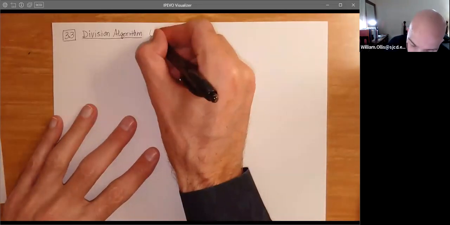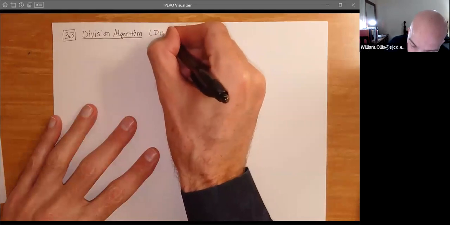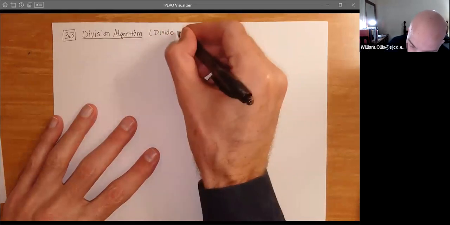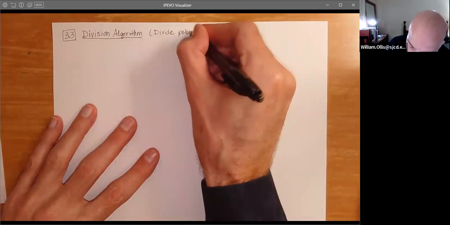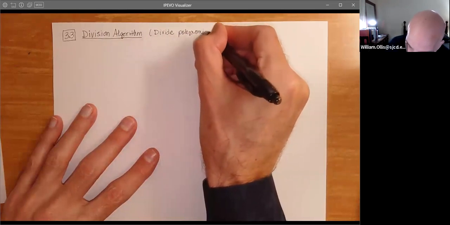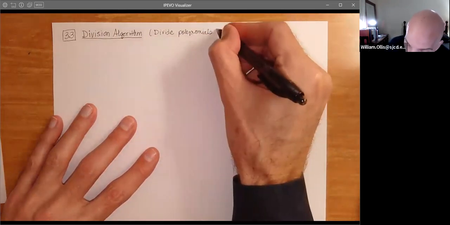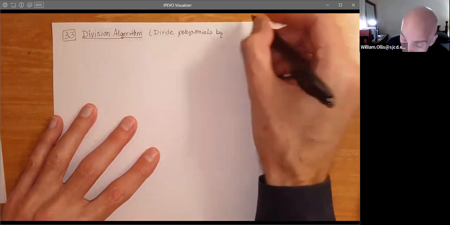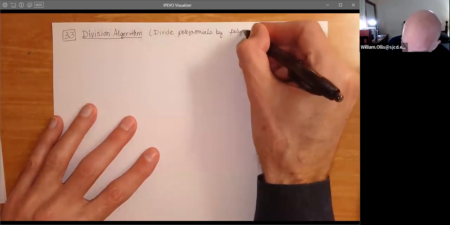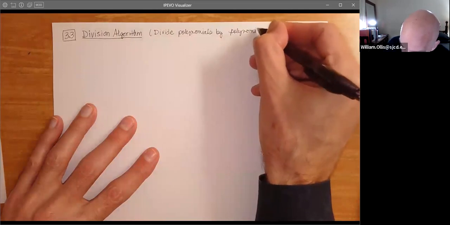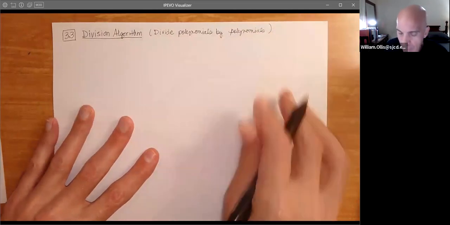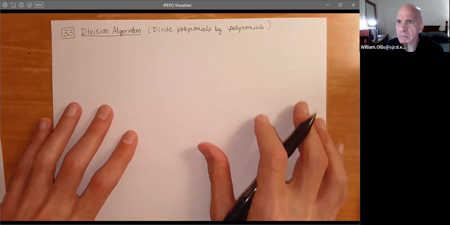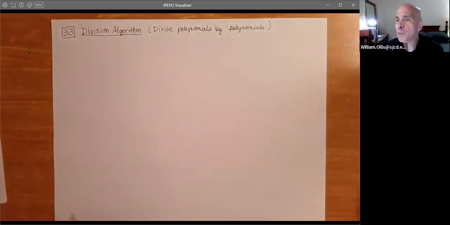Absolutely. So we say divide polynomials by polynomials. You might think, well, I'll just divide any polynomial by X. I just put a fraction bar, X absorbs, and I'm done.